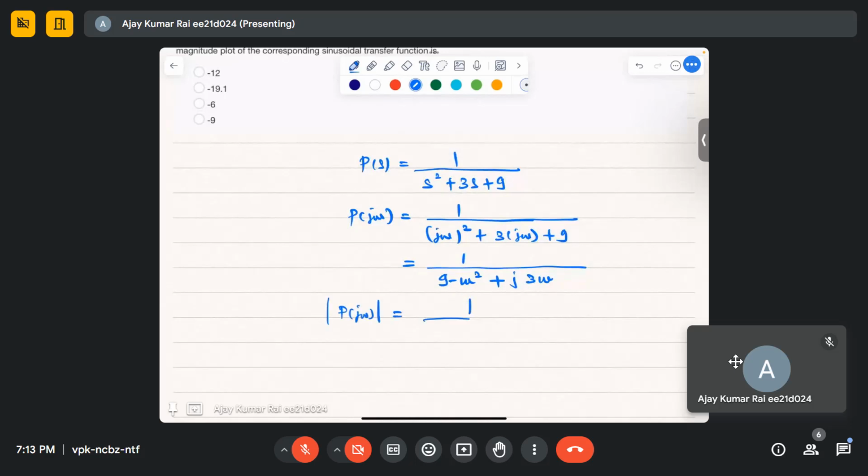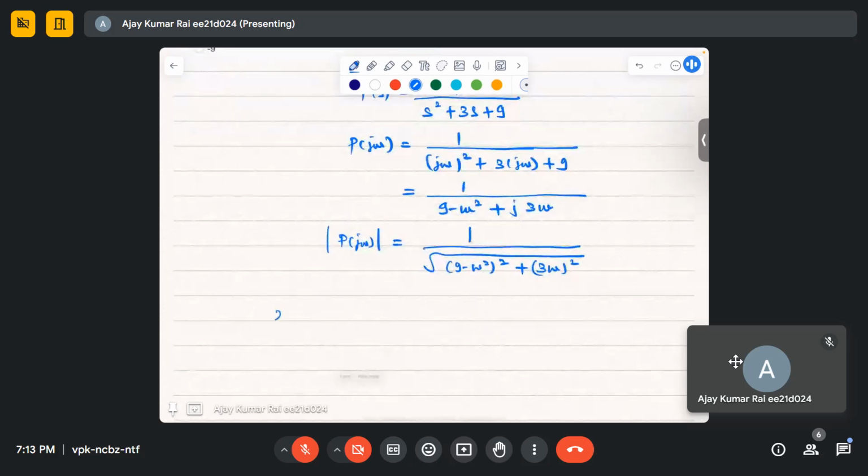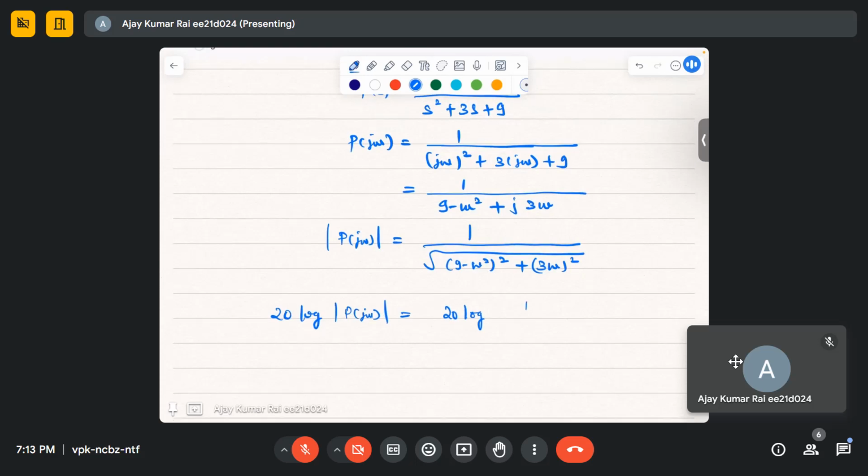So what is the magnitude? Magnitude is 1 by the square root of the real part square plus imaginary part square. This is the magnitude. And if you want to find the magnitude in terms of dB, what do you do? It will be 20 log of 1 by this.